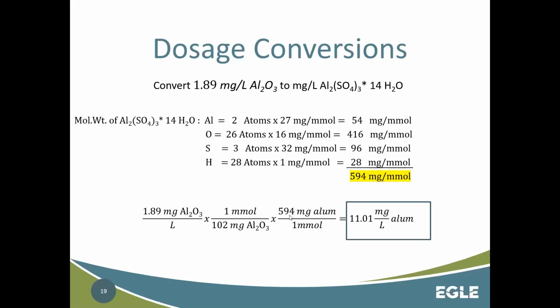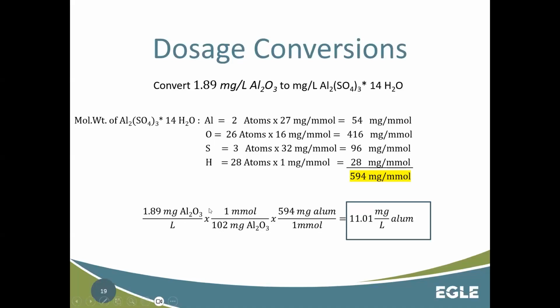And then, of course, we have our alum weight, which we've seen on almost every slide now. So we divide our original dose that they provided us of aluminum oxide by this molecular weight of aluminum oxide, and then we multiply it times the total weight of alum, and we're back where we began at 11.01 milligrams per liter alum.